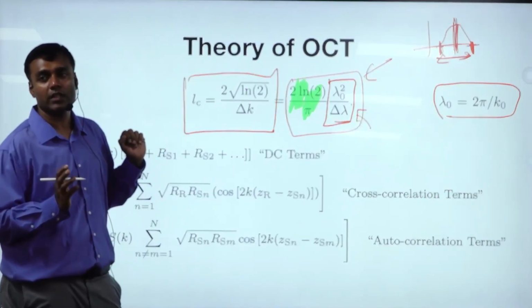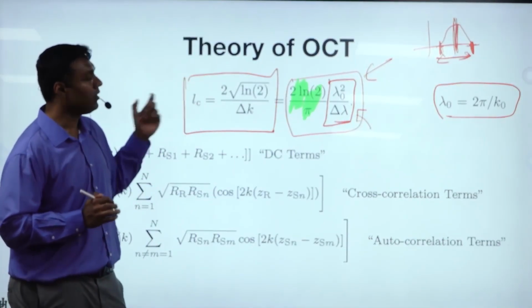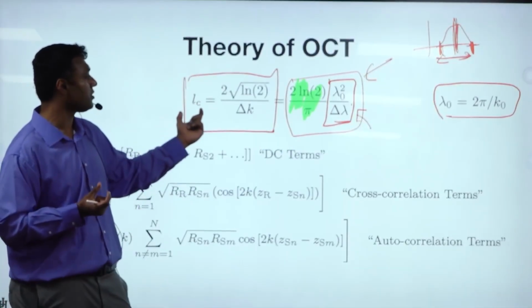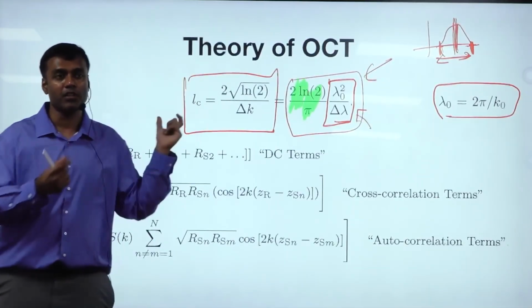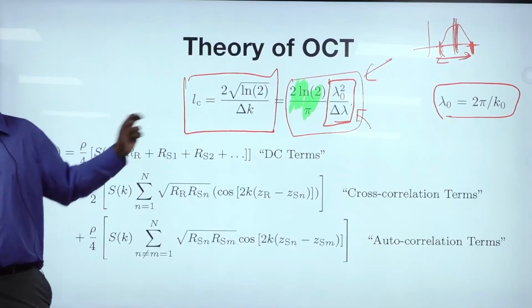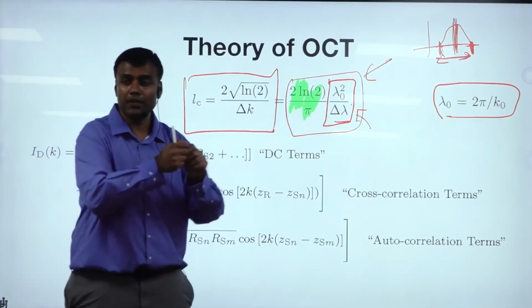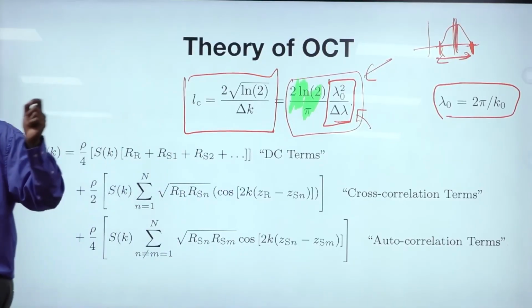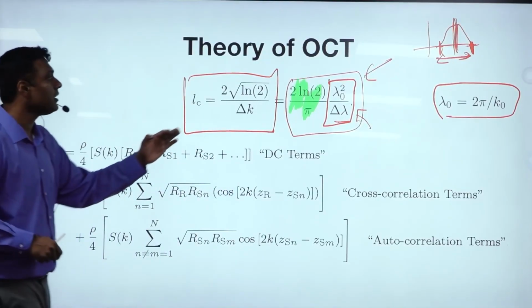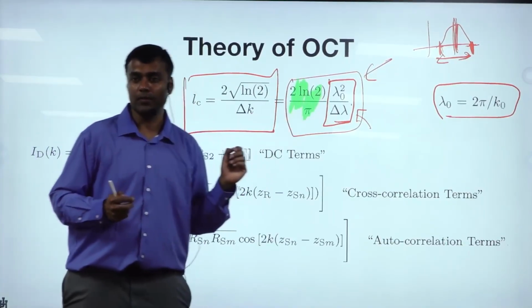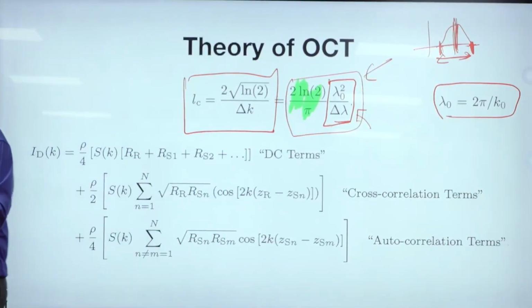So what does this tell you about resolution? If you want better resolution, this number should be smaller, right? Better resolution means a smaller LC. So if you want to make resolution better, delta lambda, the width of your source, should be bigger. Alternatively, you can make lambda naught smaller, or a combination of the two.